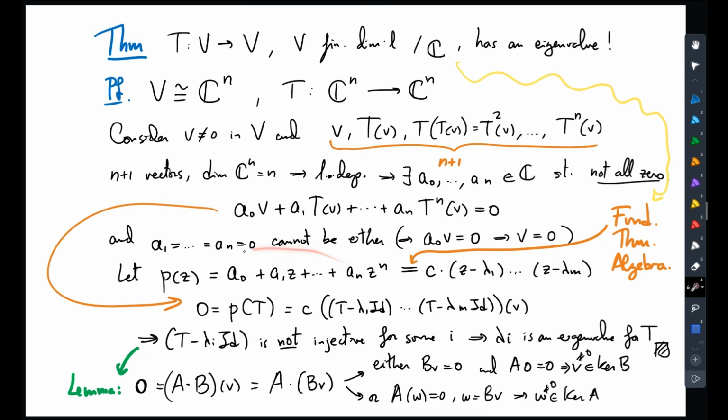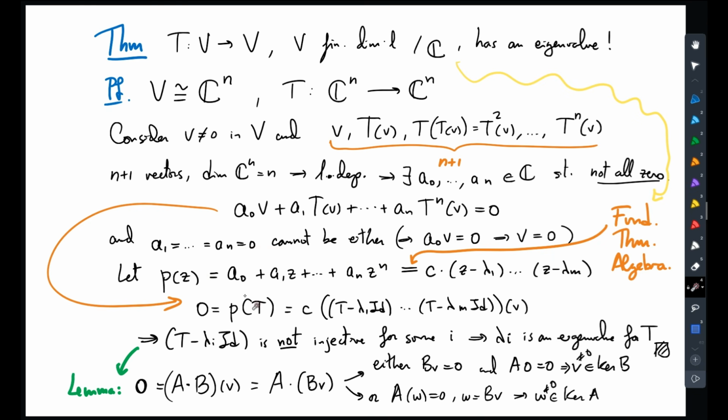And that means that every polynomial can be factored completely. Every polynomial has a root over the complex numbers, but in particular, I can factor it completely over the complex numbers. So this polynomial will be some constant times (z minus lambda 1) through (z minus lambda m), where lambda 1 through lambda m are the complex roots of this polynomial.